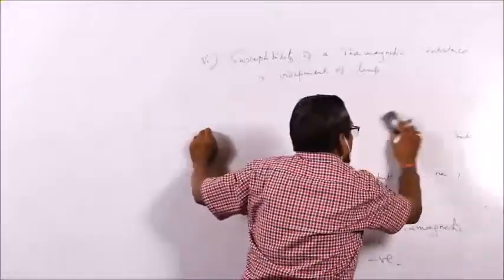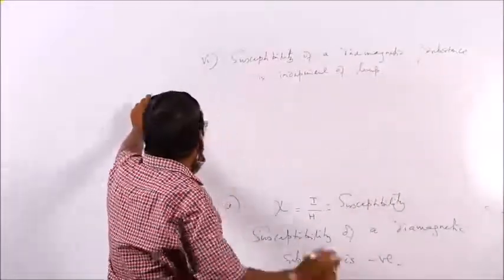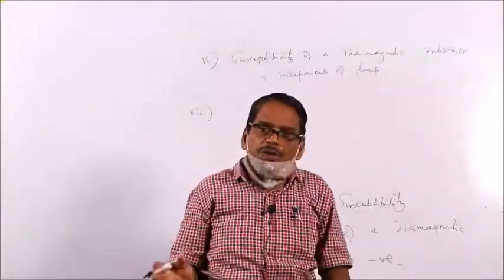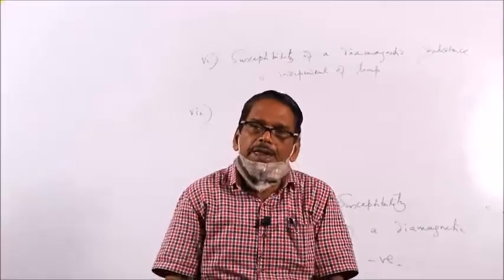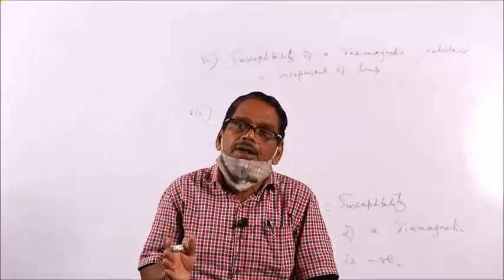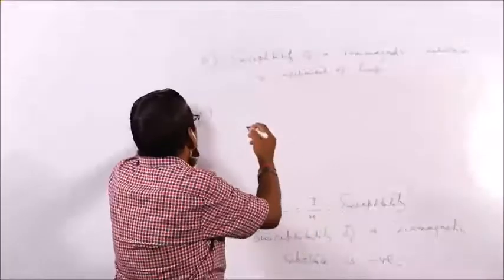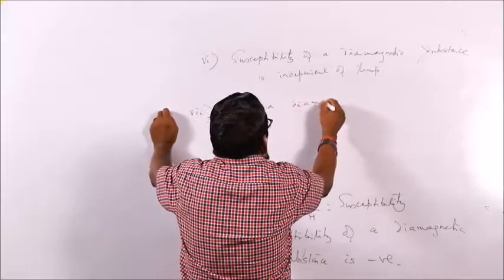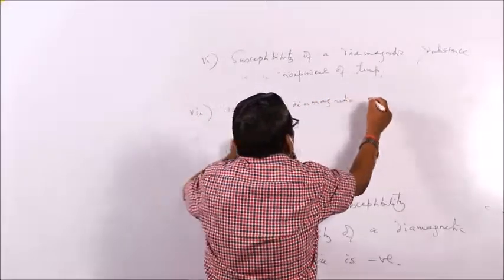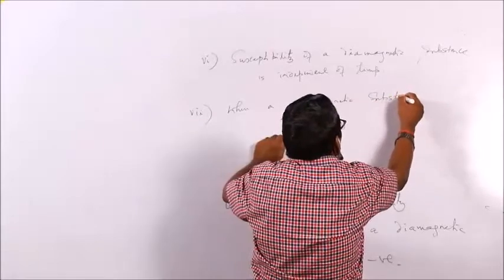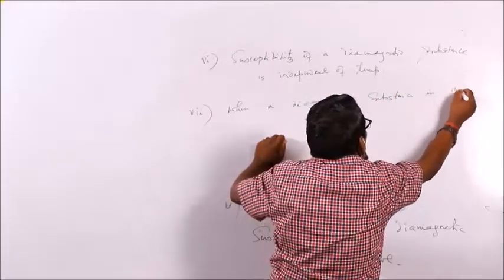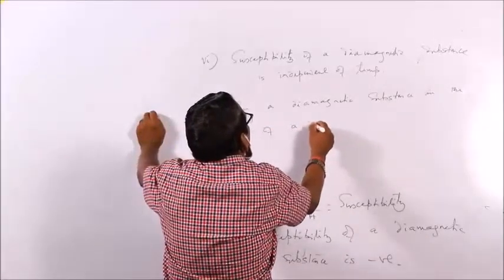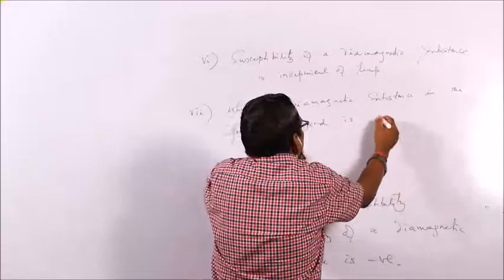Next, when a diamagnetic substance in the form of a rod is suspended in a magnetic field, it remains perpendicular to the magnetic field because it is repelled.